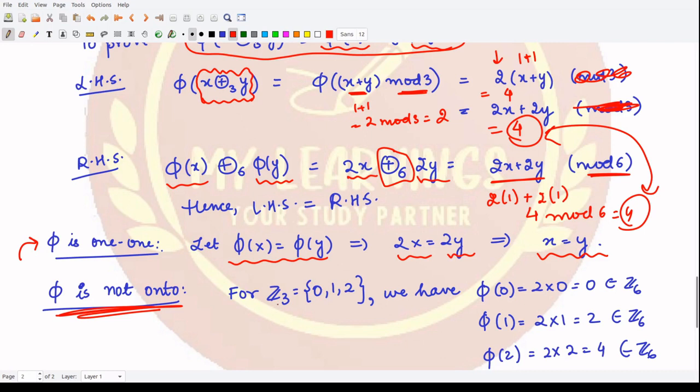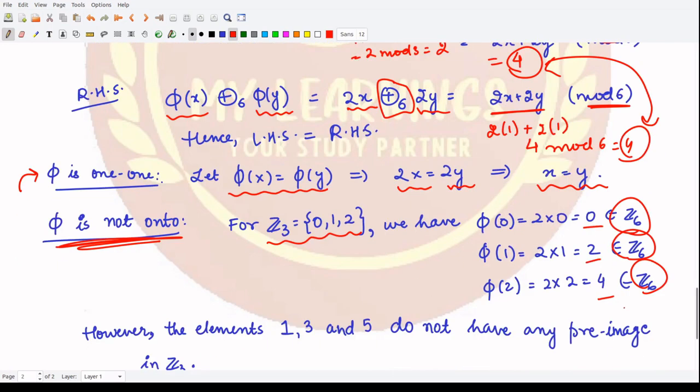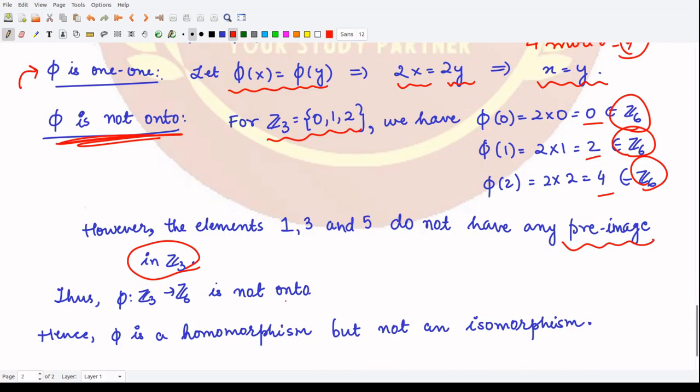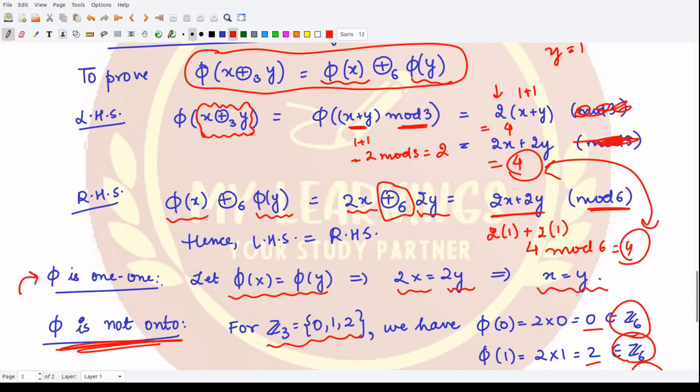When you apply phi onto the elements of Z3, you get 0, 2 and 4, which are present in Z6. However, the other elements of Z6, which are 1, 3 and 5, do not have any pre-image in Z3, hence phi is not onto. So it is not an isomorphism, however it is a homomorphism, and this is what we wanted to show here.